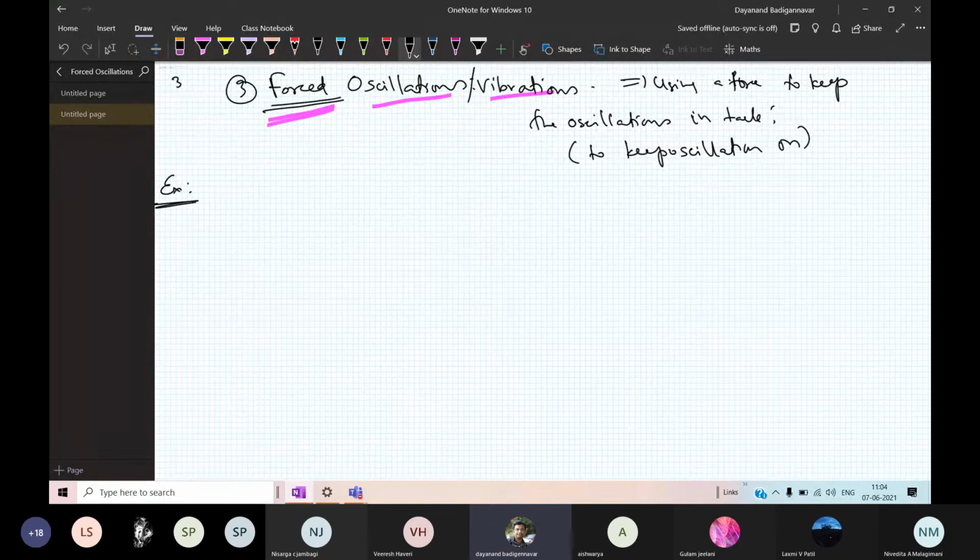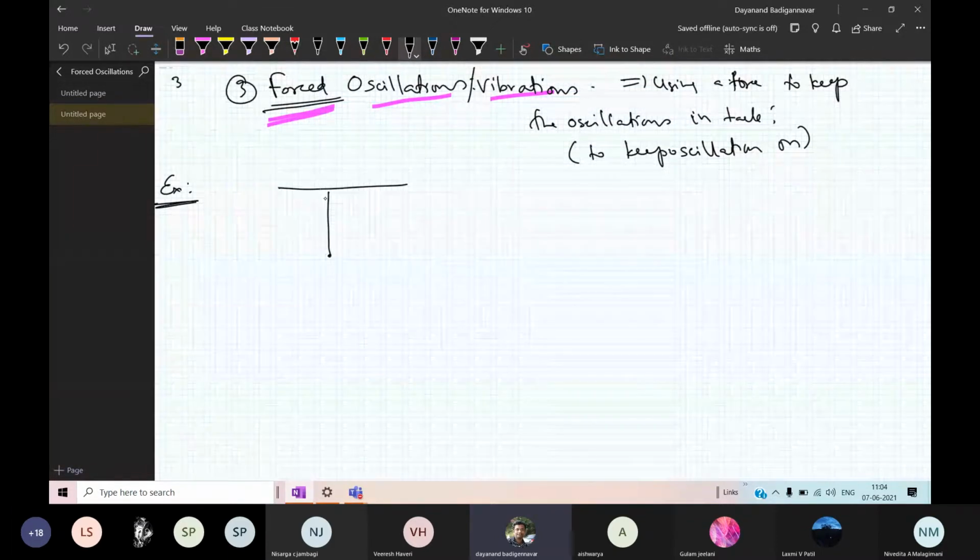You and your friend have gone to a park. There is a swing in the park. You are sitting on the swing and you will have a displacement of theta.